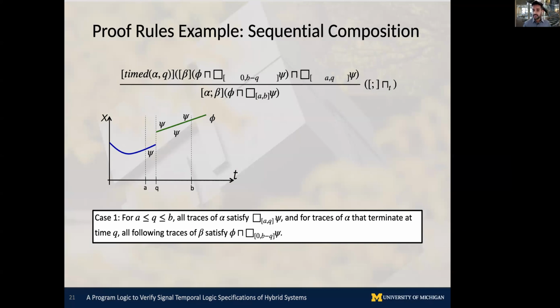Note that the formula needs this property to be true for all traces of alpha and beta, but I am only going to show one such trace of each program to make the figures slightly easier to follow.